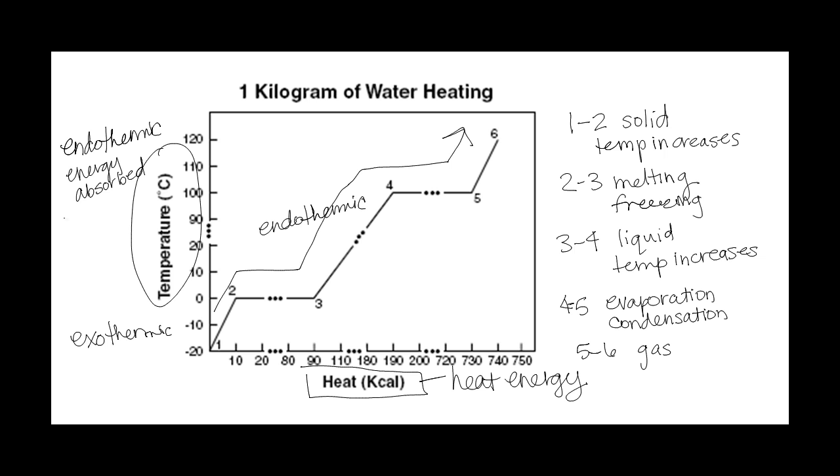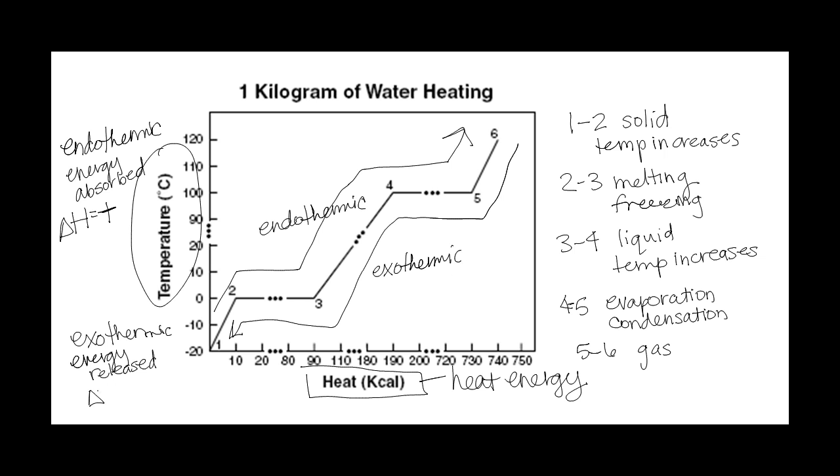And in endothermic processes, your energy, or your change in enthalpy, is a positive value. You gained energy. Exothermic energy is released. Okay, and it's going to be exothermic as you move in this direction on the graph. And that's going to be a negative value.